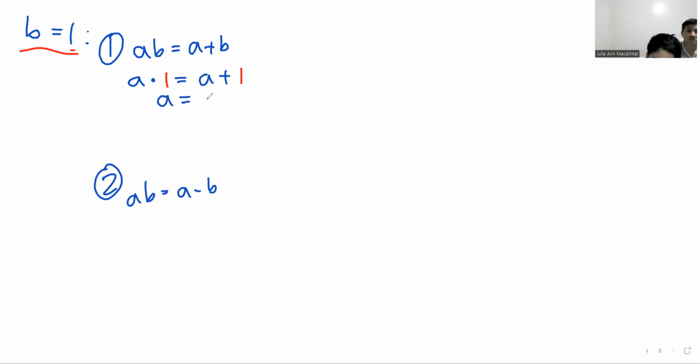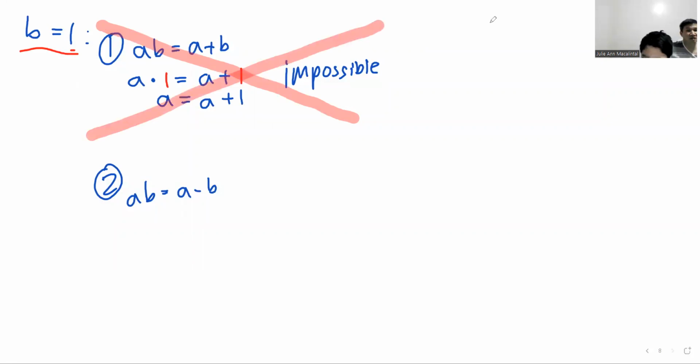So we see A is equal to A plus 1. You could be thinking why this is impossible, but the very nature of numbers proves this is wrong. This is impossible because A is equal to A only. So A plus 1 is a different number already. It's not the same as A.